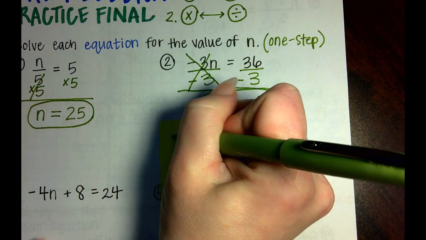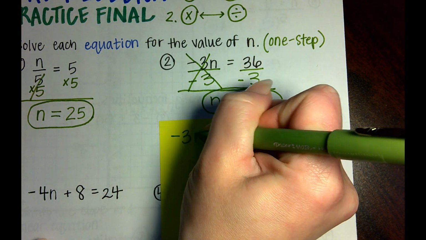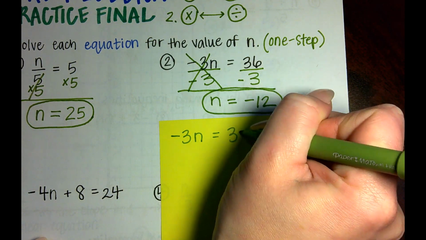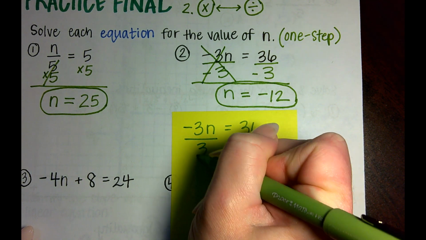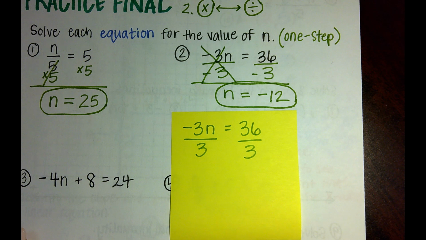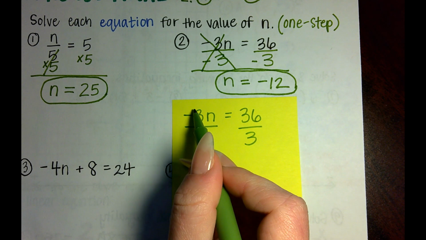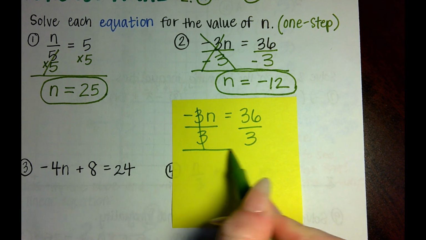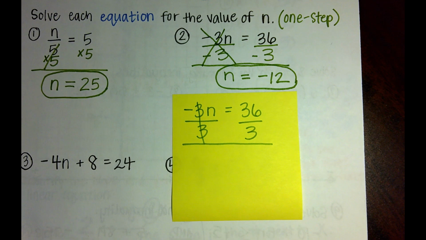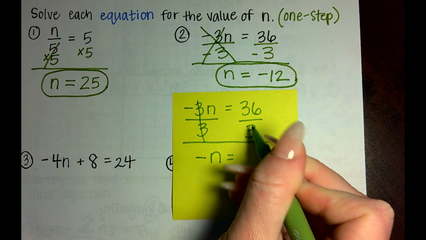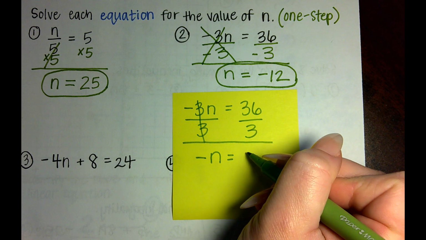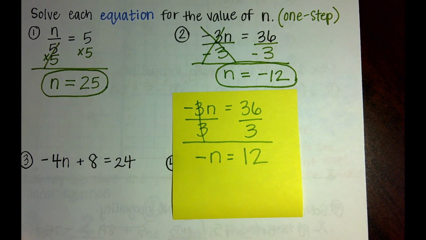So I have negative 3n equals 36. If I divide by positive 3, here's what would happen. I would cancel my 3's out, but I would still have a negative left over. So I would have negative n equals 36 divided by 3 is positive 12.